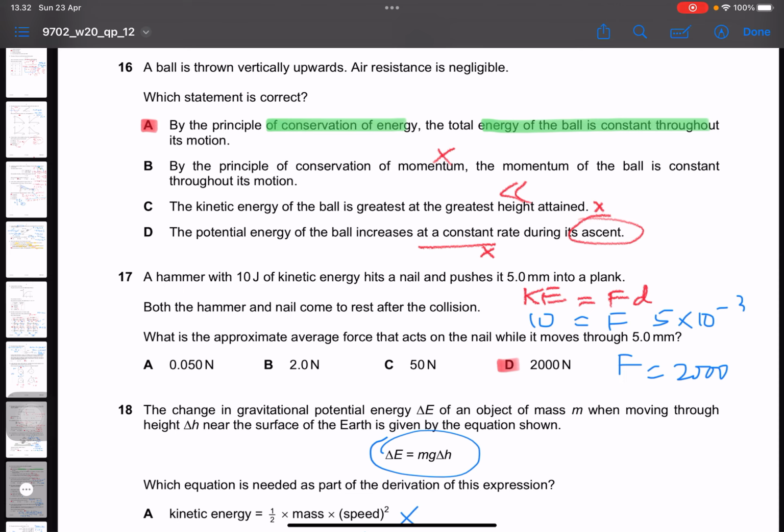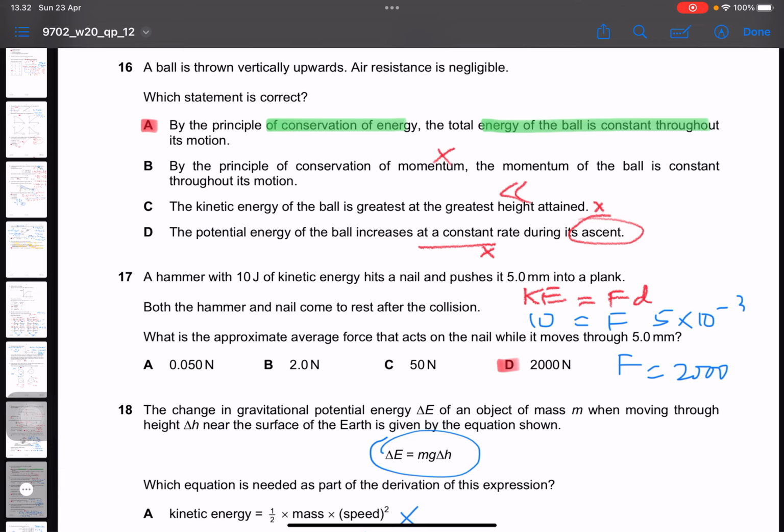Question 16. A ball is thrown vertically upward. Air resistance is negligible. Which statement is correct? The answer is A. We check. By the principle of conservation of energy, the total energy of the ball is constant throughout its motion.